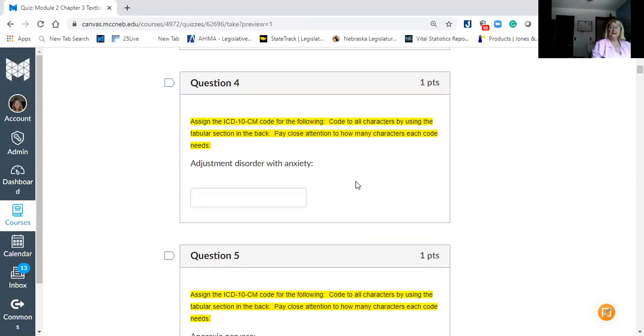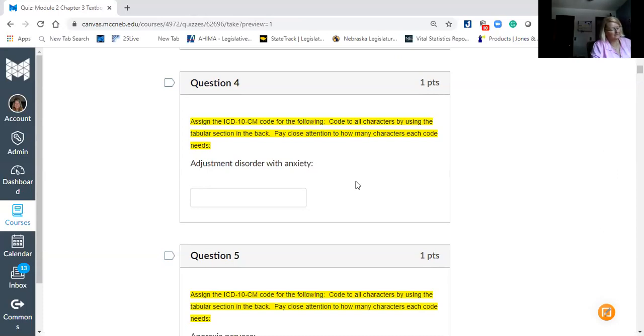Okay. Adjustment disorder with anxiety is number 4. And my ICD-10 book is giving me problems here. Let's look for disorder, because disorder is a problem. Disease and disorder, I always remember that. So disorder, and then we're going to go to adjustment.